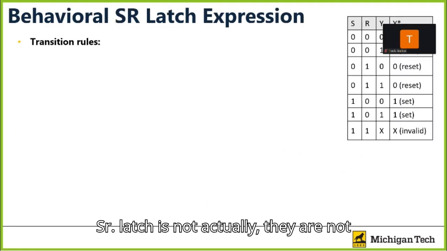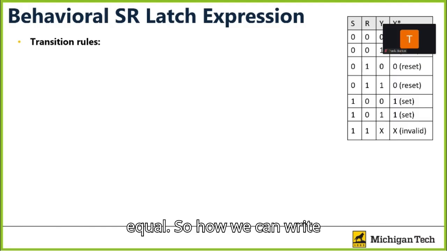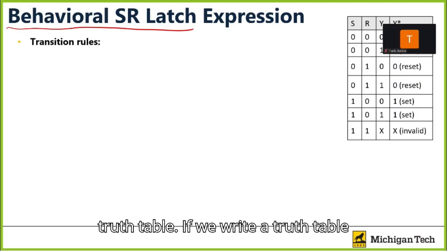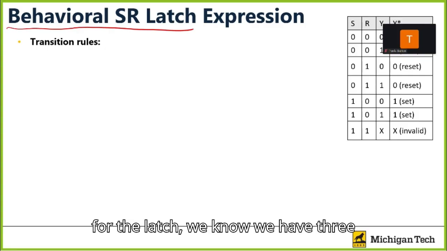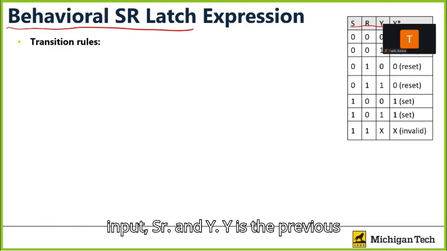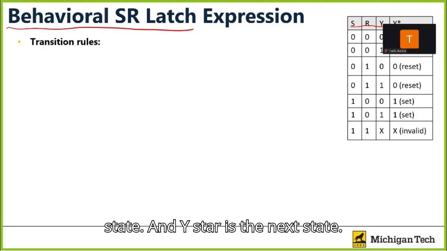For the SR latch, they are not equal. So how can we write the behavioral latch expression? We use a truth table. If we write a truth table for the latch, we have three inputs, S, R and Y. Y is the previous state, and Y star is the next state.